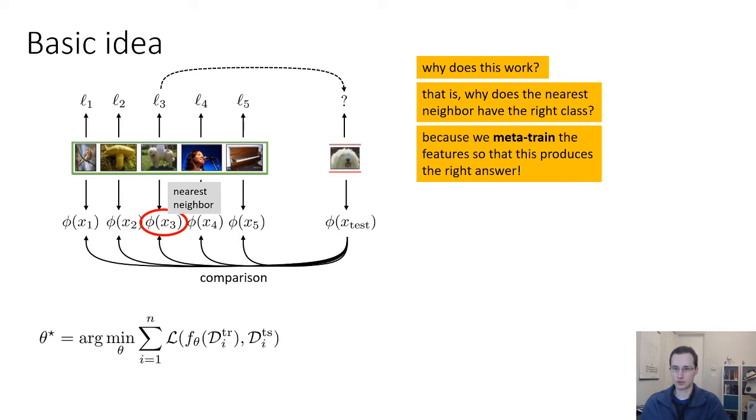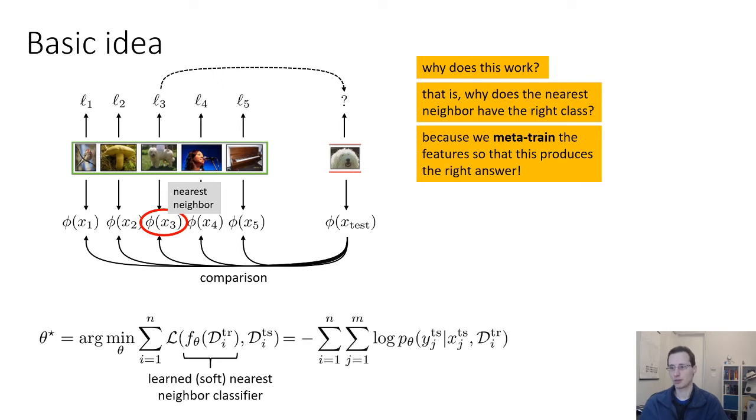So theta star, where theta star represents the parameters of that embedding function phi, is the argument with respect to theta of the sum over all of your MetaTraining tasks of the loss that you get by using f theta applied to dtrain on the corresponding test set dtest, where this f theta is your learned nearest neighbor classifier, although we're going to use a kind of a soft nearest neighbor approach.